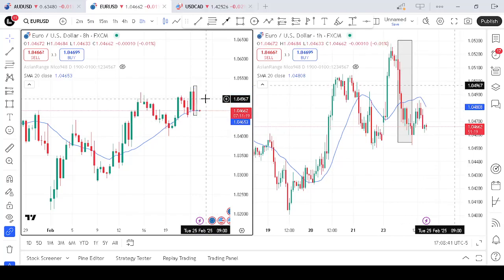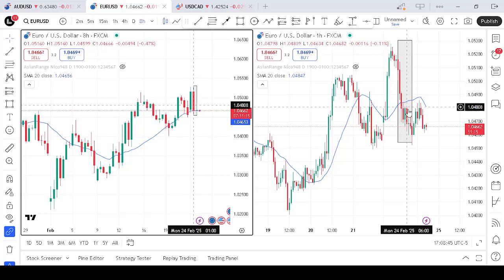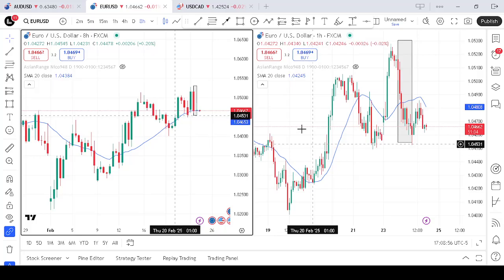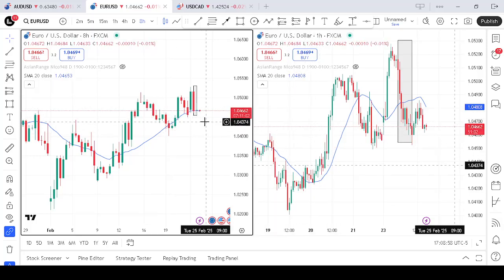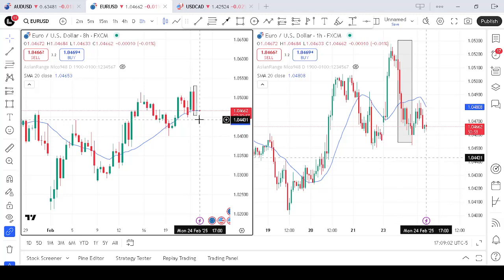This one candle has already filtered the noise that went on in the 1-hour time frame. Notice how clear price action becomes compared to the busy movement on the lower time frame. This clarity helps you identify genuine trading opportunities rather than market noise.